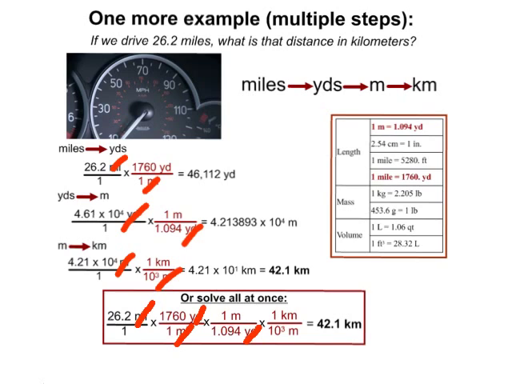My yards cancel out. My meters cancel out. And I am left with 26.2 times 1,760, and that is all divided by 1.094 and 10 to the 3rd. I get 42.1 as my answer, and kilometers are the only unit left. So 42.1 kilometers.